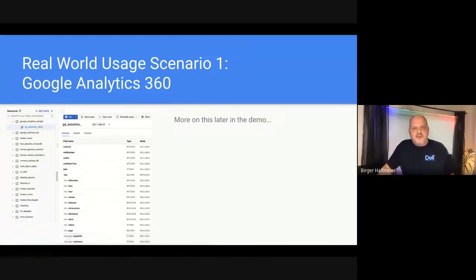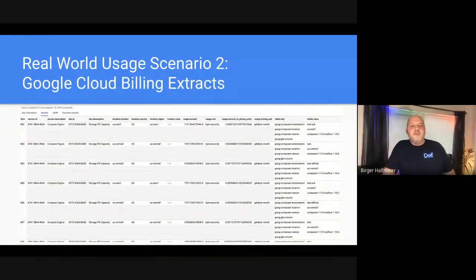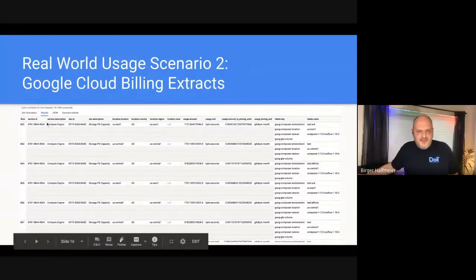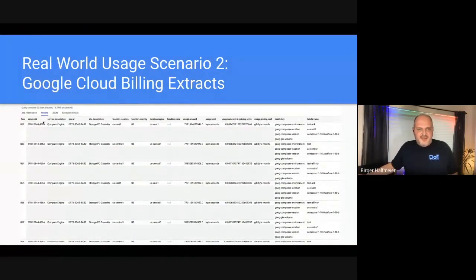Slightly more simple example is billing extracts. This is something that we use internally quite a lot. If you are a Google Cloud customer, you can get detailed information about what you're being billed for in a very itemized way. One way to get the data, the preferred way, is to have it exported to a BigQuery dataset. I've just selected a few columns, but for example, we can see the service column is actually a struct that consists of ID and description.